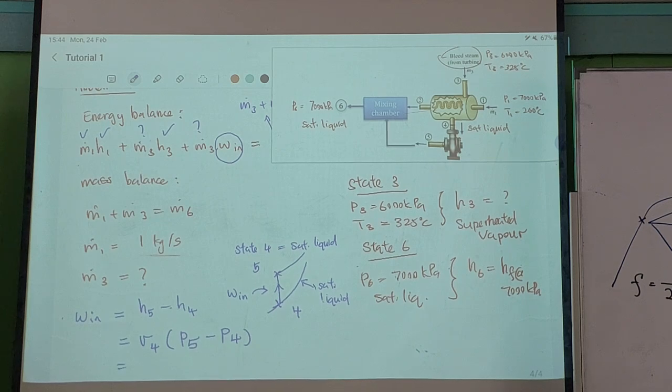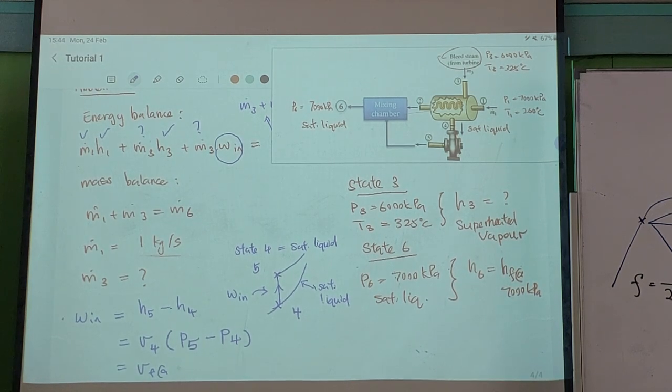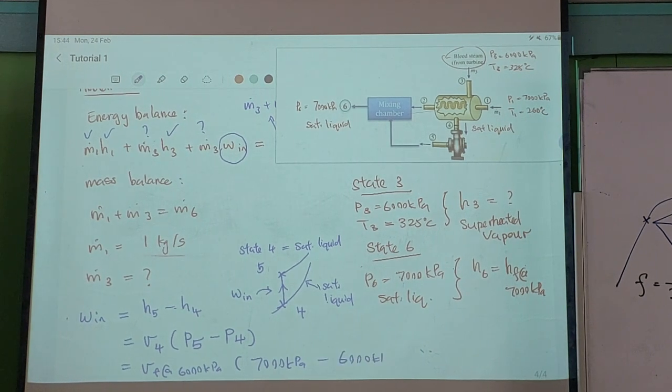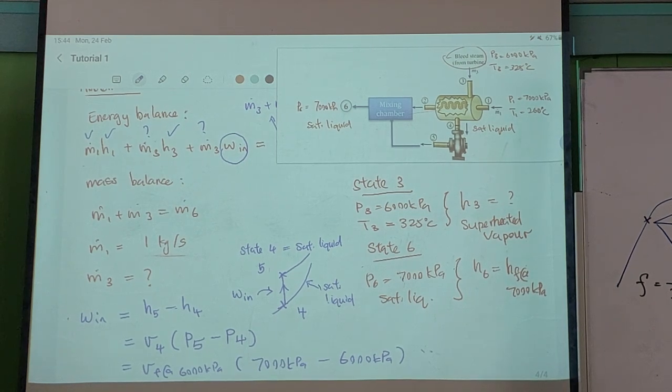And your V4 is VF at 6,000 kilopascal. And then this is just 7,000 kilopascal minus 6,000 kilopascal. And you see this is actually the same as what you do normally for Rankine cycle.